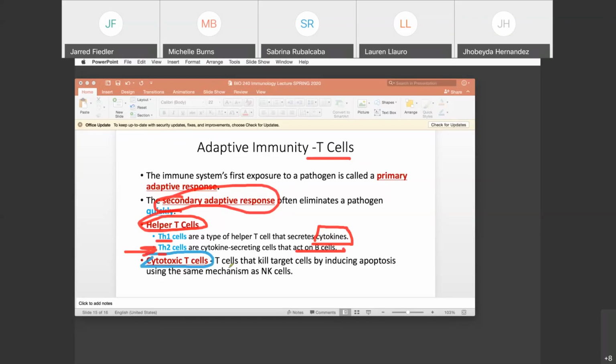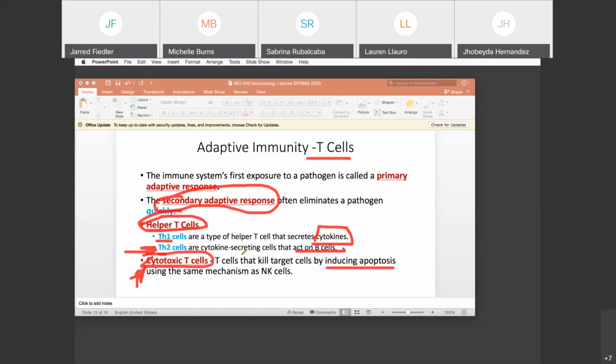It's going to be the higher order attack force. These are the big boys in the entire immune system. They're the most toxic, the most dangerous towards foreign invaders. They're also going to induce apoptosis using the same mechanism as natural killer cells.